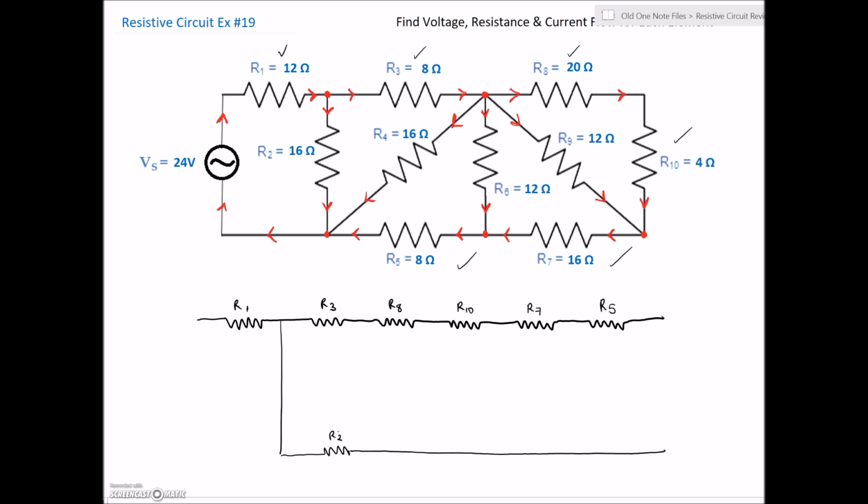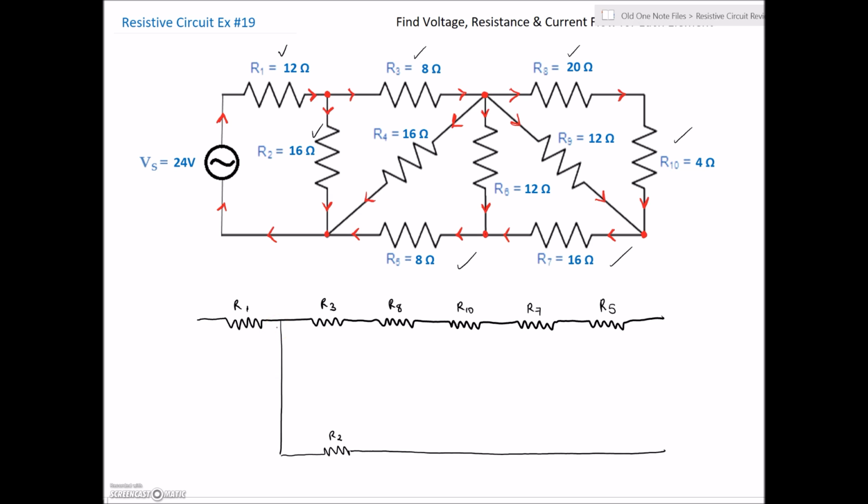Okay, and hopefully that leaves us with enough room to throw in the rest of the resistors. We've now taken care of R2. We can see that R2 is in series with R1. There's a parallel node right here that corresponds to right here.